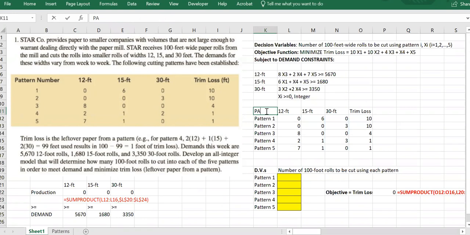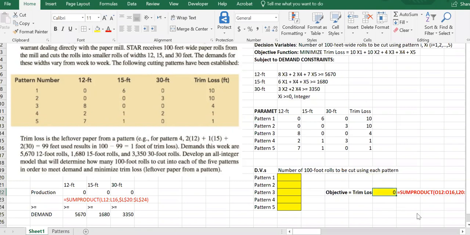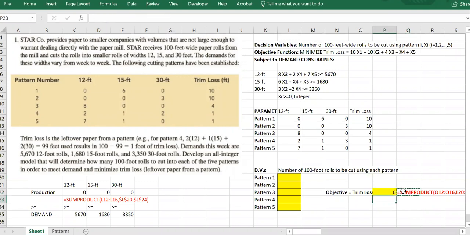So these are parameters, decision variables, and the objective function, which contains the formula here, or I can just put the formula right here. Then three constraints, one for each size of paper rolls: 12 feet, 15, and 30.